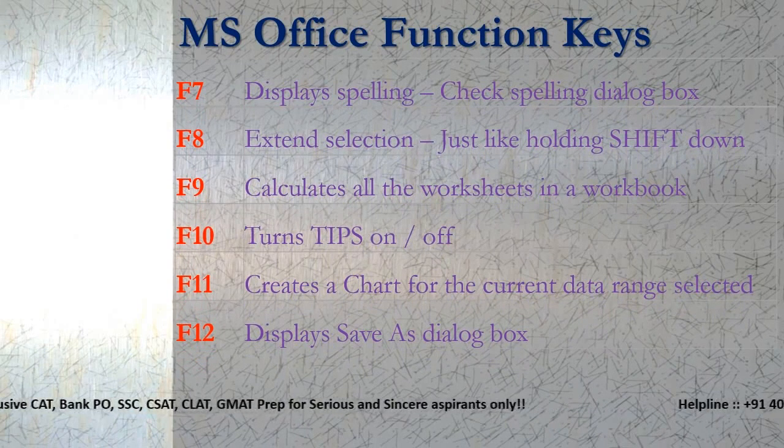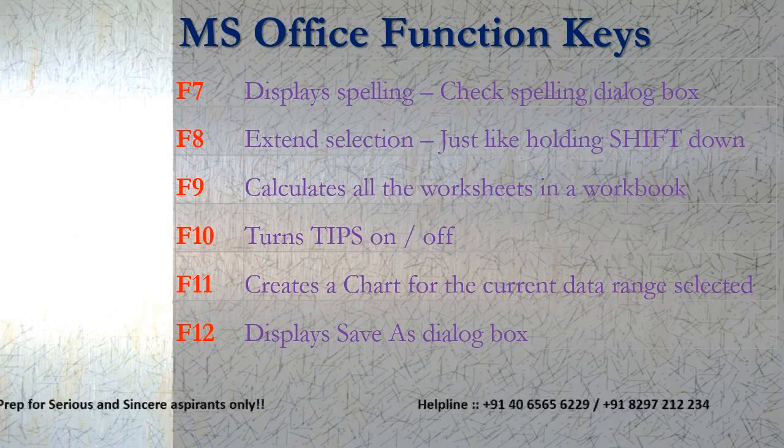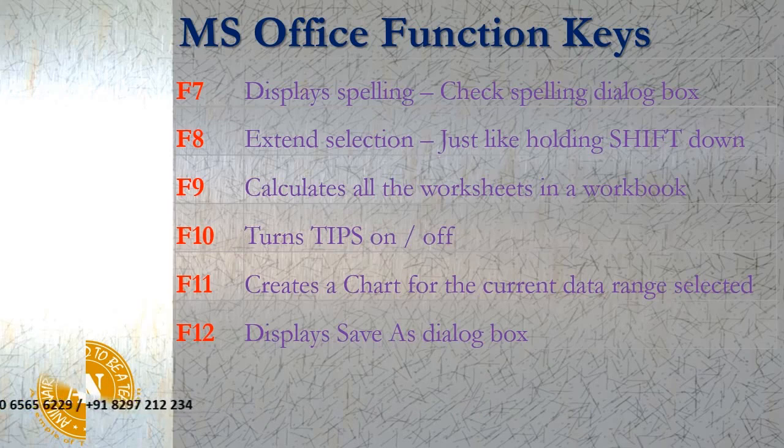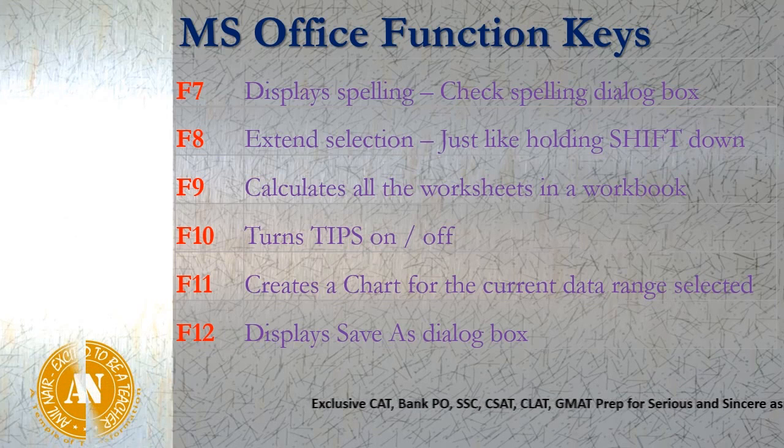And then F8 is like extending a selection. It's similar to holding the shift button and then selecting the whole area. It is extensively good for MS Excel. And the next one, which is good for MS Excel, is F9. Let us say there are 10 or 11 worksheets in a workbook and a lot of calculations happen in that workbook.